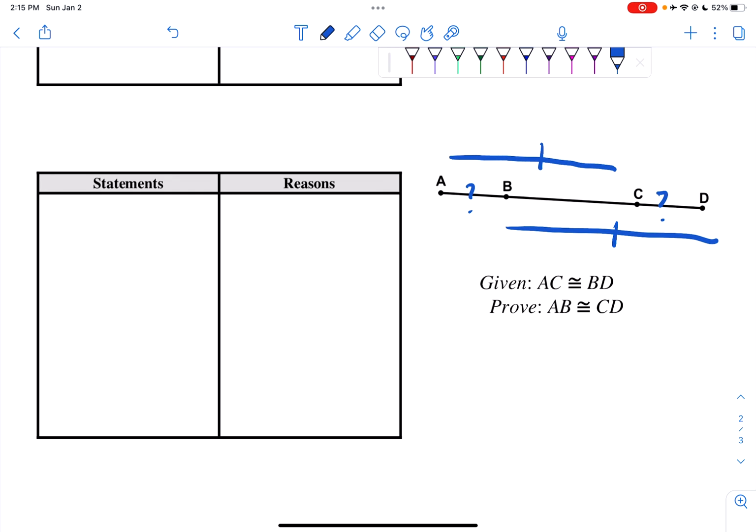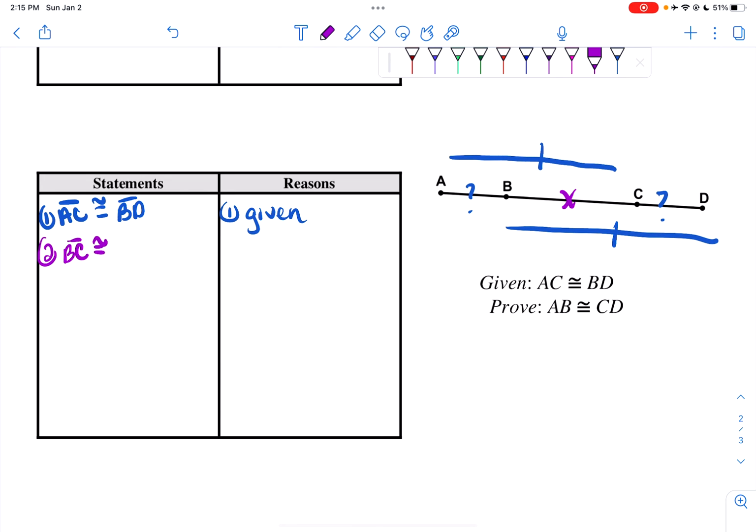So our first statement is going to be our given, AC congruent to BD, and our reason is given. And I have that reflexive piece right here, BC. So I can say BC congruent to BC, reflexive. And that's what I'm going to be subtracting.